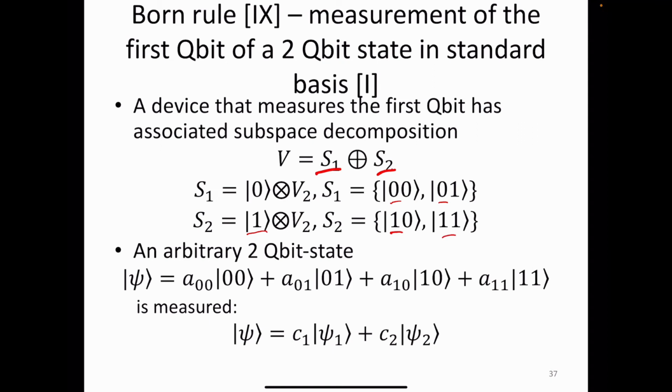And an arbitrary 2-qubit state, as we have seen a couple times already, is given by the 4 possible states associated with 4 possible probability amplitudes. And once it's measured, because we have 2 different subspaces here, we have this normalization factor here, and the probability of measuring psi sub 1, probability of measuring psi sub 2 here.